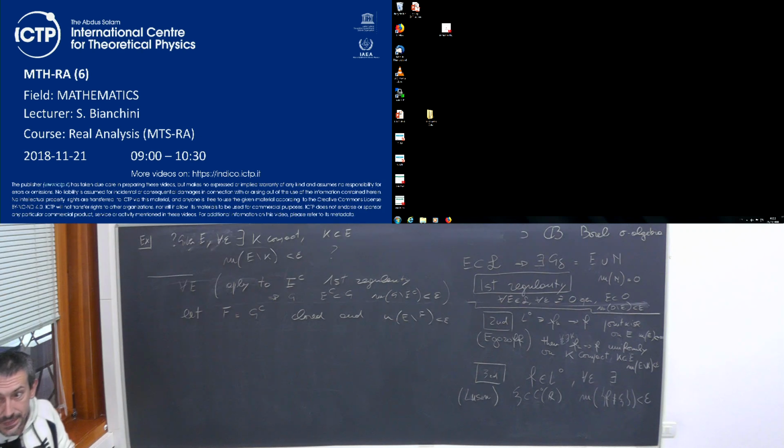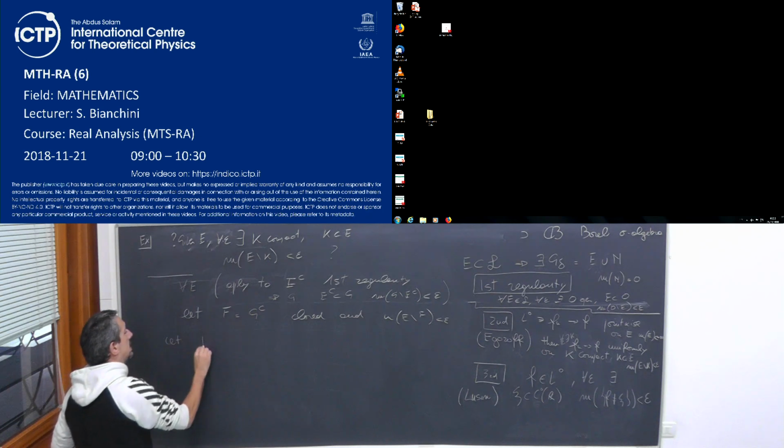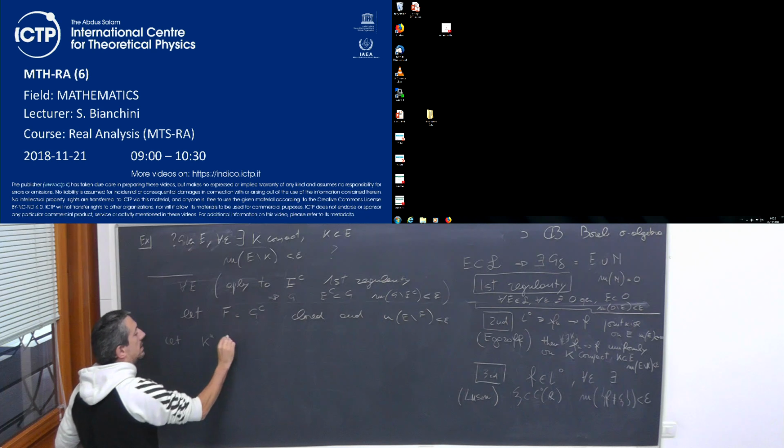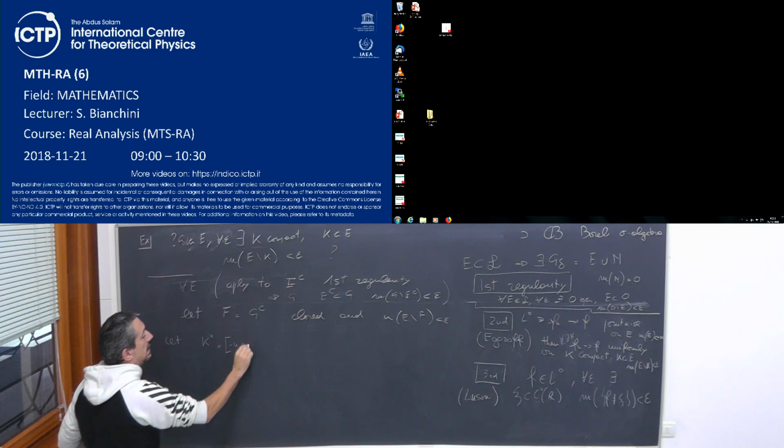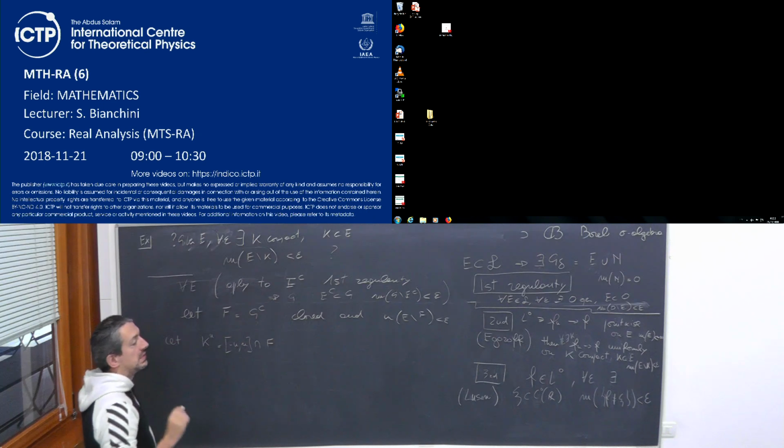Now, I need a compact set. So F is closed, so let Kn be the closed ball of radius n intersection F. This is compact.